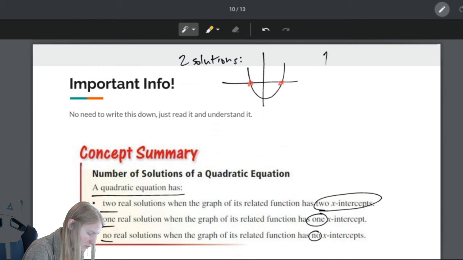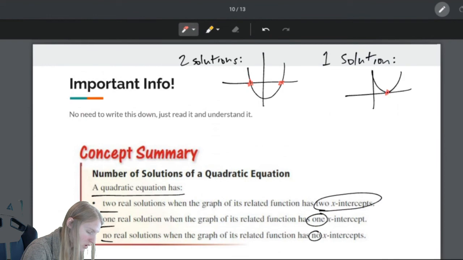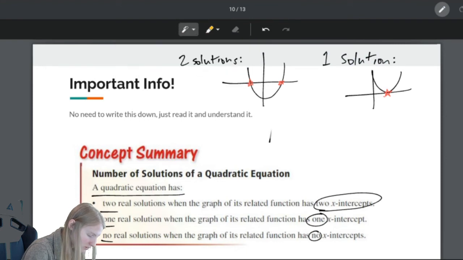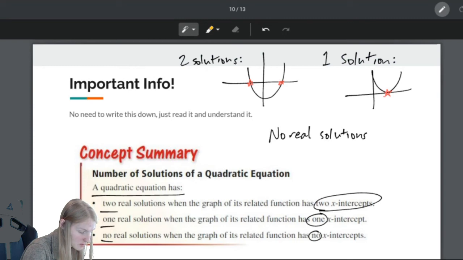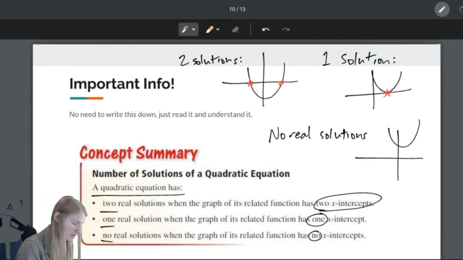One solution looked like this, where the vertex was on the x-axis. And no real solutions looked like this, where nothing crosses, no real solutions.